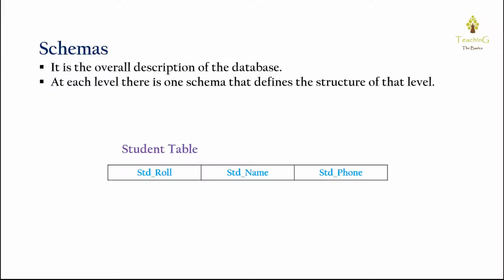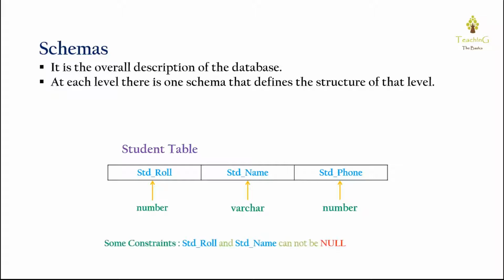Now we can say that the student roll number has a data type, that is a number. For student name, the data type is varchar, and for the student phone number, the data type is a number also. And we can put some constraints. Let us suppose that for student roll number and student name, we can put a constraint that is not null. That is, we should always provide a roll number and a name in this table.